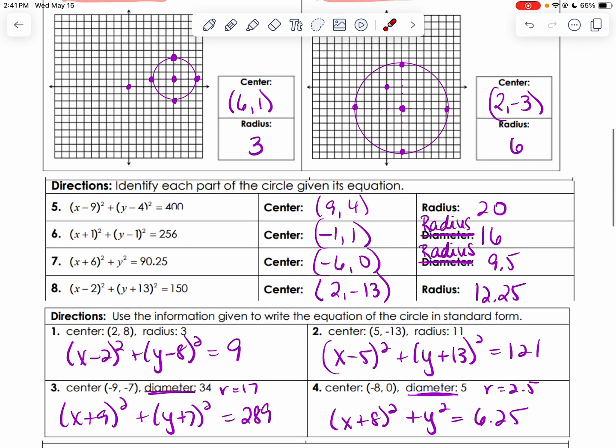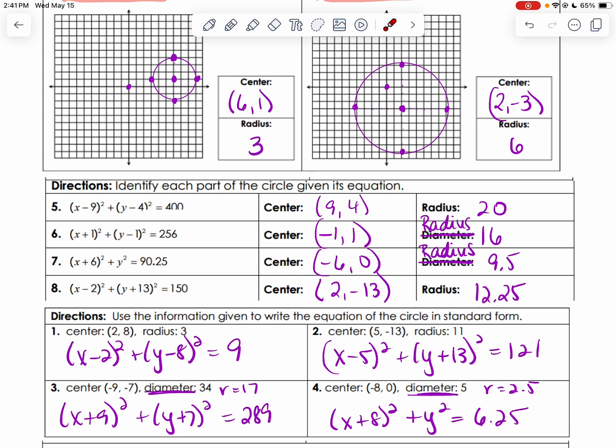For number 7, again, we've got x minus h, so because this is positive, my center is at negative 6. Remember, we talked about because there's nothing added to that y squared, that y value of the center is 0. We're going to take the square root of 90.25. We get the radius is 9.5. Last one, we're going to do x minus h.